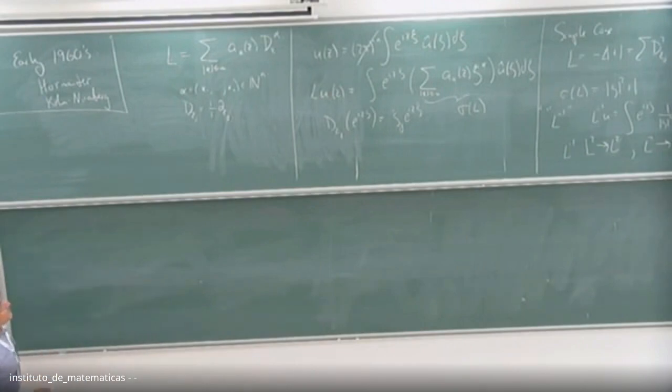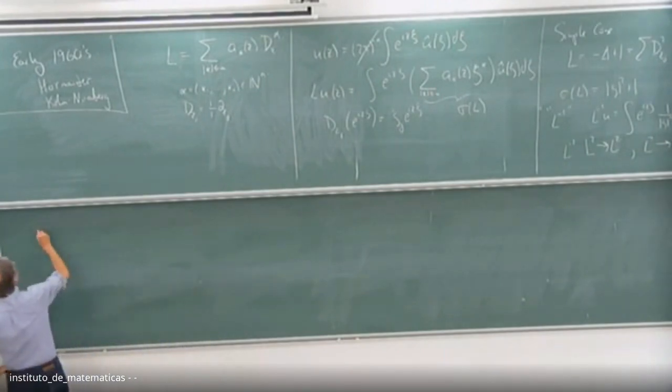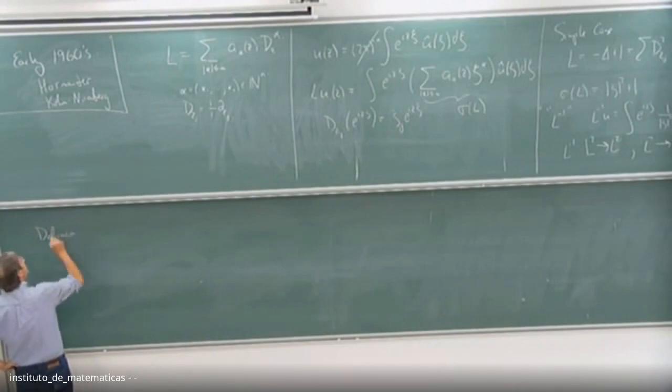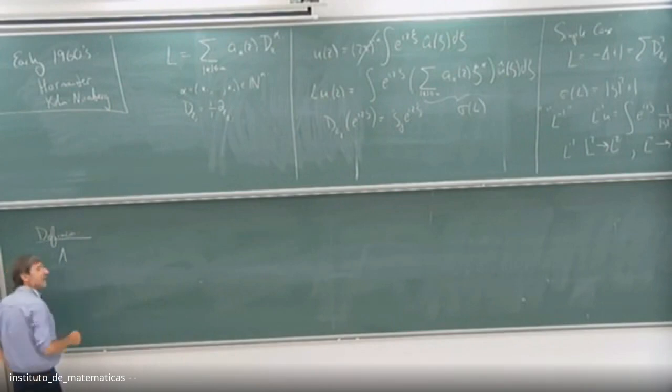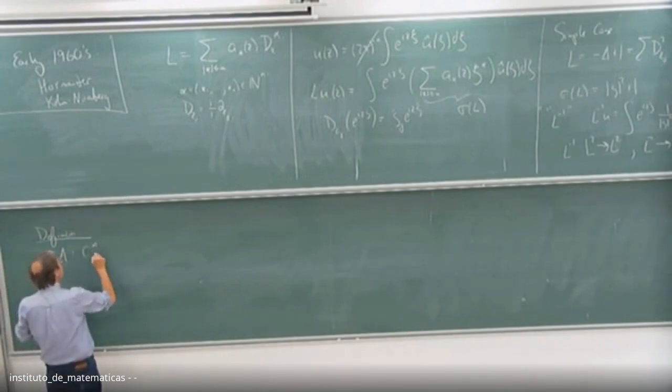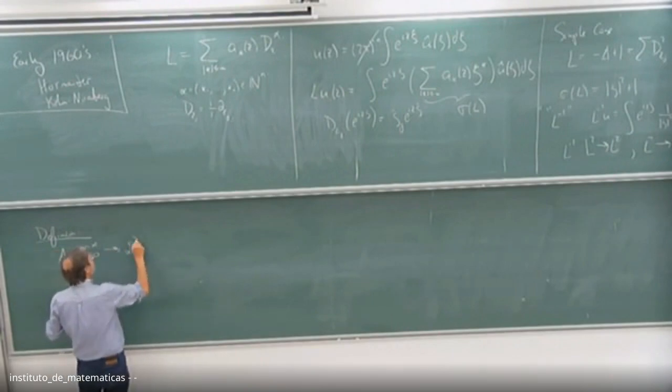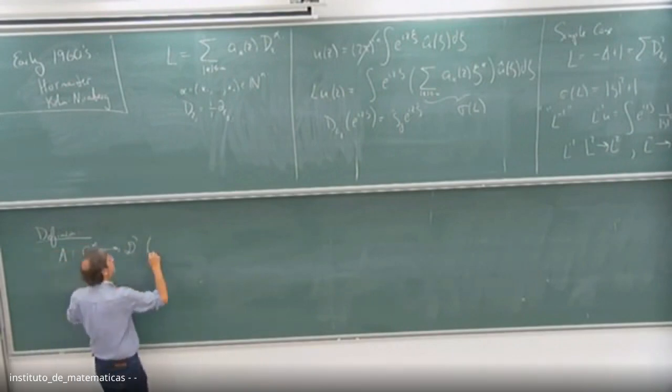Here we have this general representation of an L, and the point is that I want to generalize this definition. So let me start off with a definition. I'm interested in operators A, and let me just say right now these are operators a priori from C infinity 0 to D prime, so these are distributions in R^n.